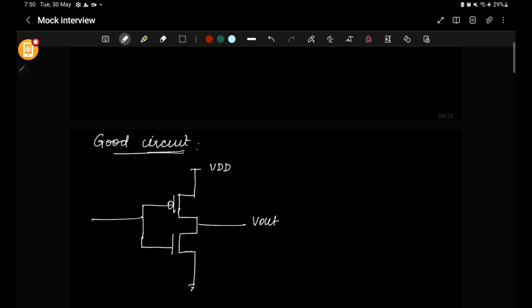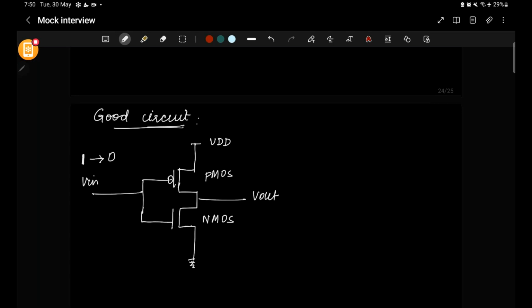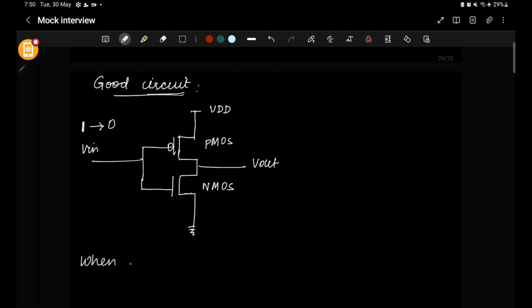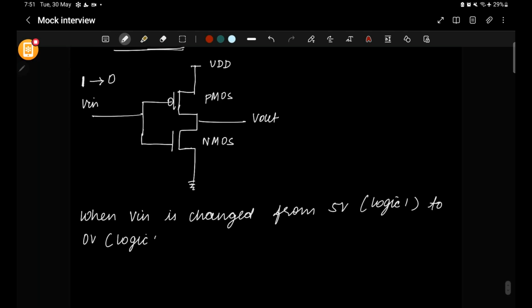This is Vout, this is Vin. This is the PMOS and this is the NMOS. Assume that Vin, the input voltage, is changing from 5 volt, that is logic 1, to 0 volt, that is logic 0.